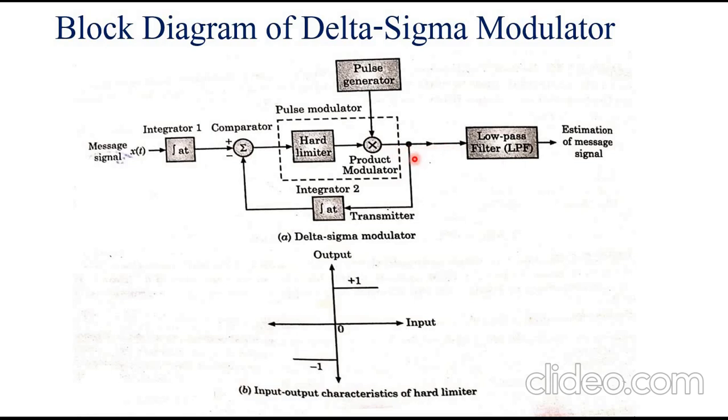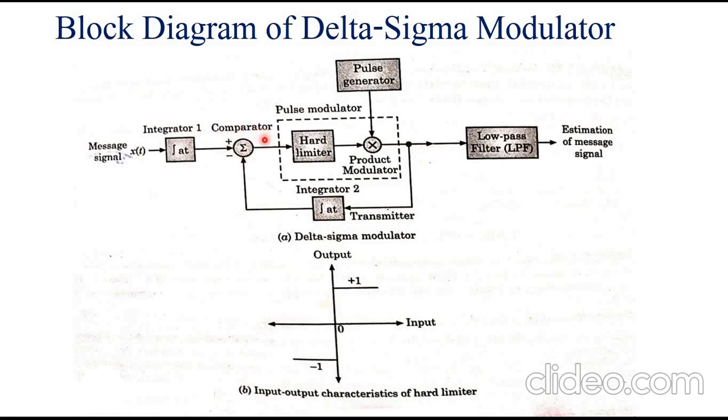The same output signal is applied to the second integrator, and the output of integrator 2 is compared with the output of integrator 1 with the help of the comparator.